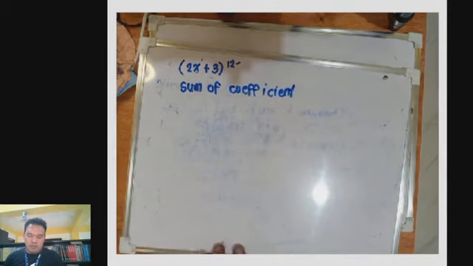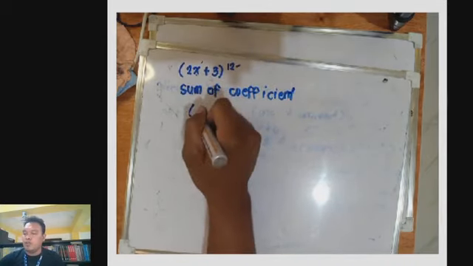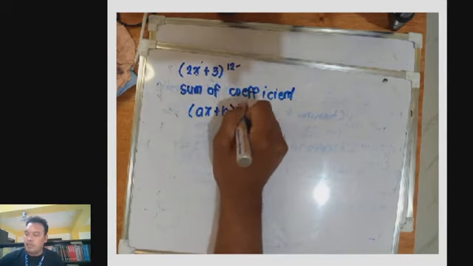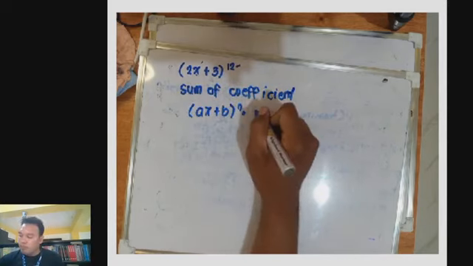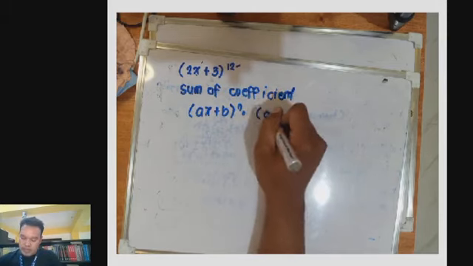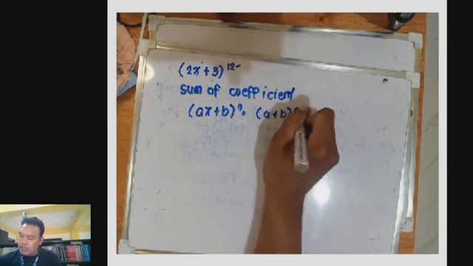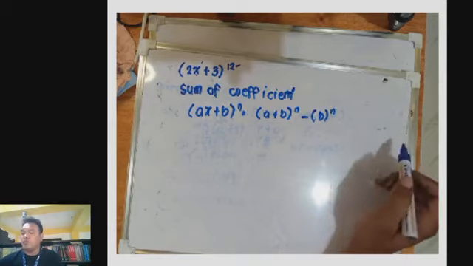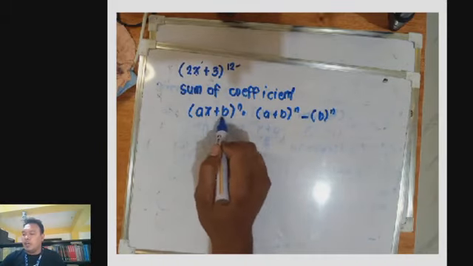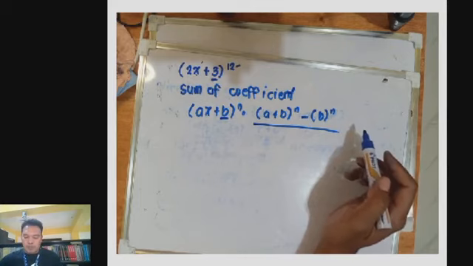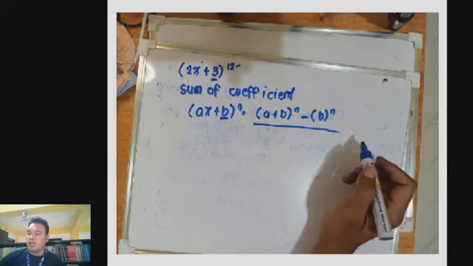So, to find sum of coefficients, we have formula. So, ax plus b raised to n, balikan lang natin yung formula kanina. We have a plus b raised to n minus b raised to n. No? So kapag yung formula natin ay may whole number, ito po yung gagamitin natin para makapag-compute tayo ng value.